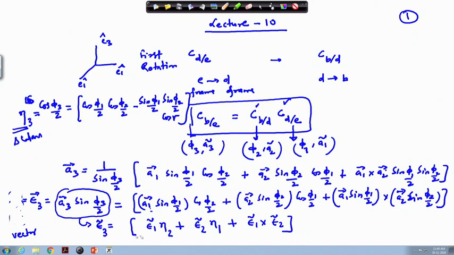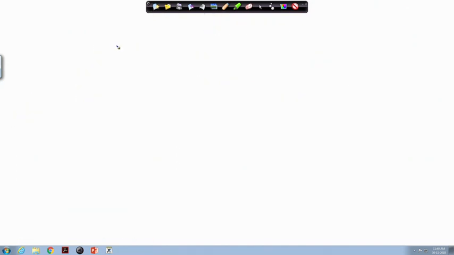So, what we see is that epsilon 3 tilde is written in the format epsilon 1 tilde times eta 2 plus epsilon 2 tilde times eta 1 plus epsilon 1 tilde cross epsilon 2 tilde. This is the cross product.